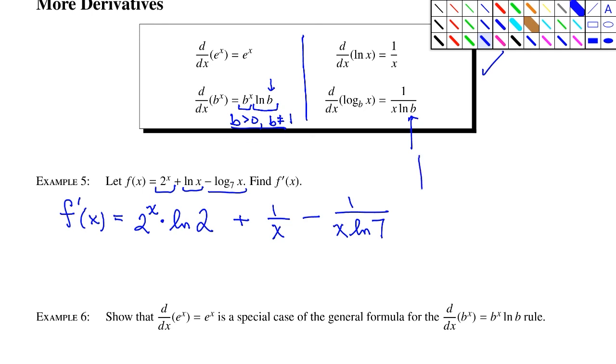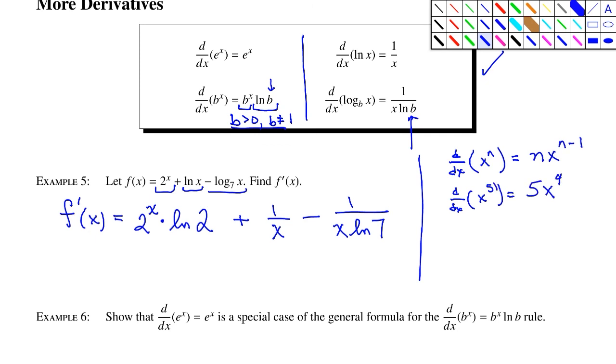Let me provide you with one other side note to this as well. You may have noticed that whenever you take the derivative of x to the n, just the regular power rule, you get n times x to the n minus 1. So for example, if you take the derivative of x to the 5th, you get something with x to the 4th. It's 5x to the 4th. And so this exponent goes down by 1 to produce this. So the question is, what should you have gotten in order to get x to the negative 1?